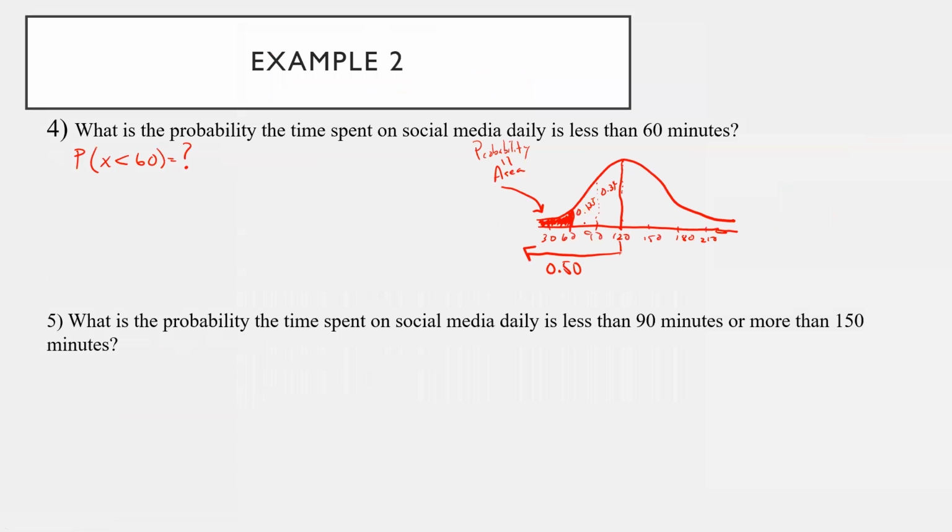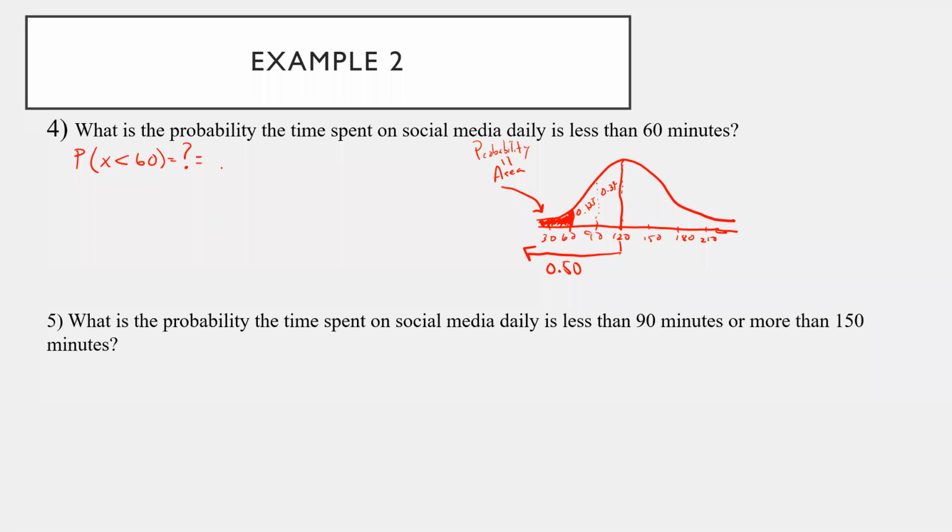If I know 50% of the area is below, but I don't care about this one or this one, can anybody tell me how I could figure out what the red shaded area is? Well, if I don't care about it, I have to take it away. What mathematical operator does that imply?